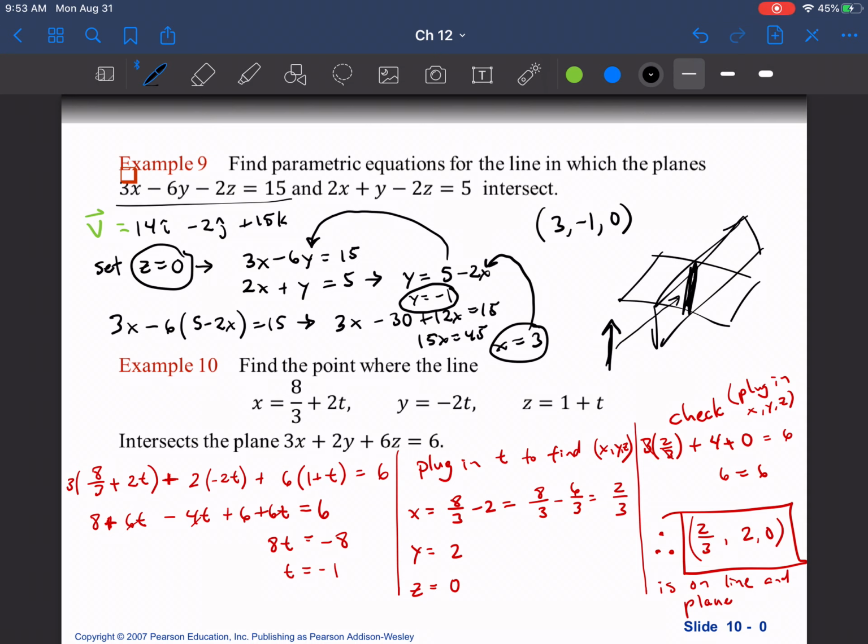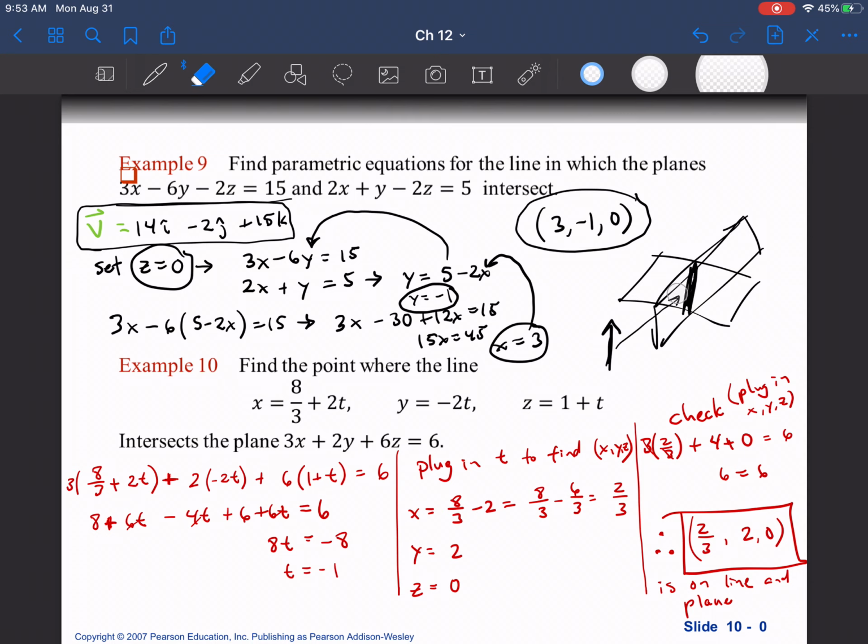And so now I have a vector parallel to the line, and I have a point on the line, and you can go through and do what we did before when you had a parallel vector and a point on the line to find the parametric form of the equation, which is what we did in the last section.